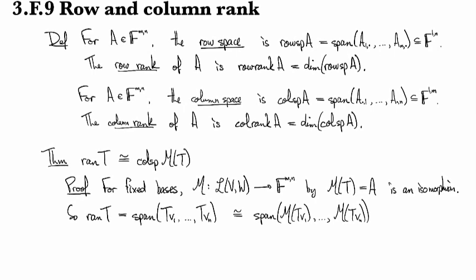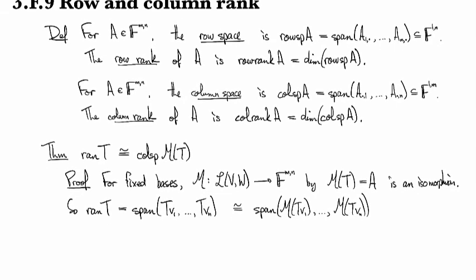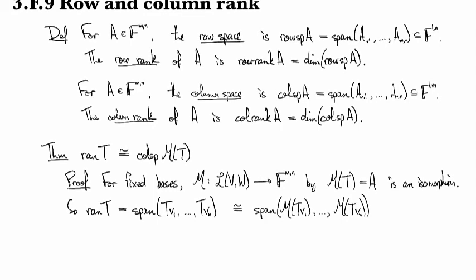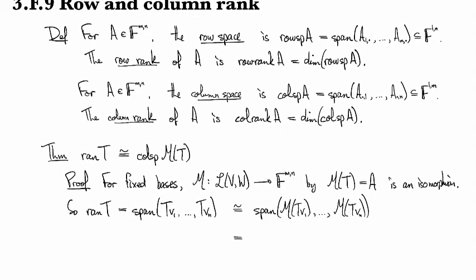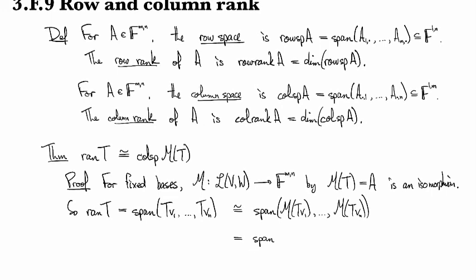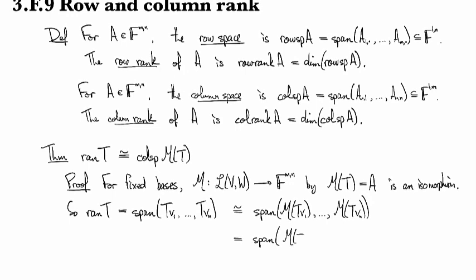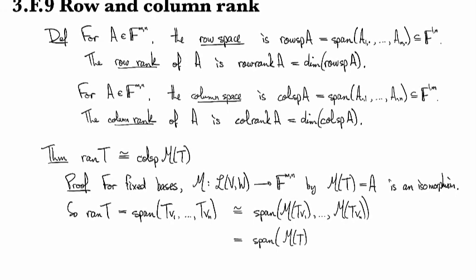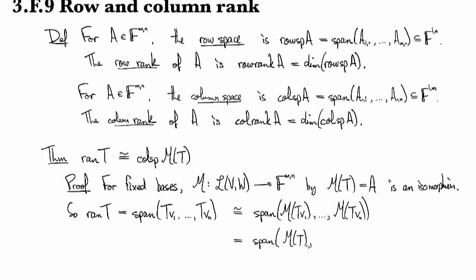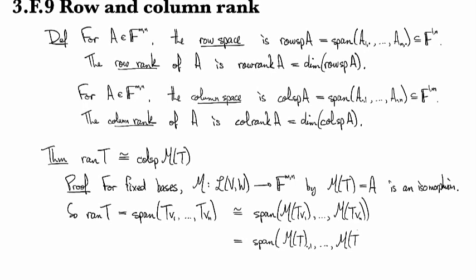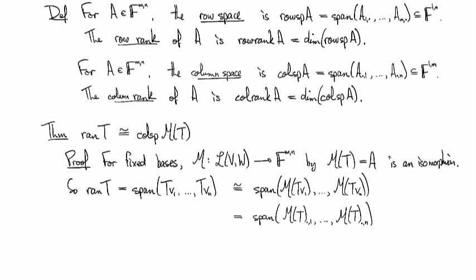And so what do we have here? This is the span of, and then we've got this theorem that tells us that this is the first column of that matrix, and so this is going to be the nth column of that matrix.